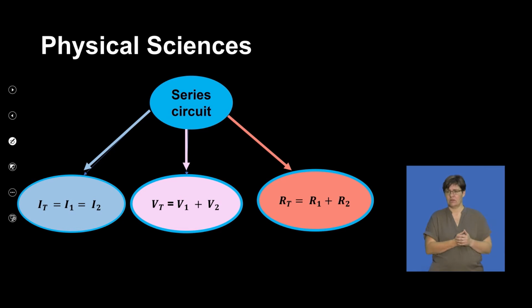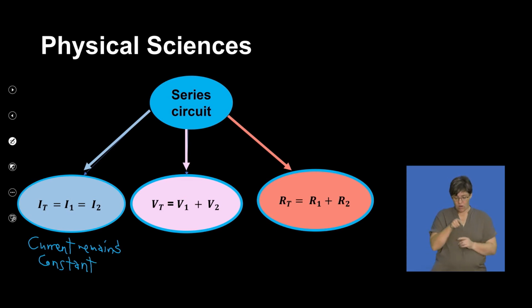So all the current in this circuit remains constant in a series. In short, current remains constant, right? There is the same amount of current through every point in that circuit.